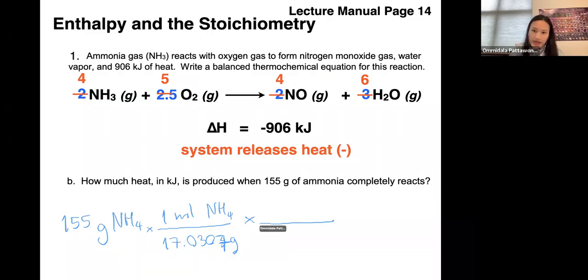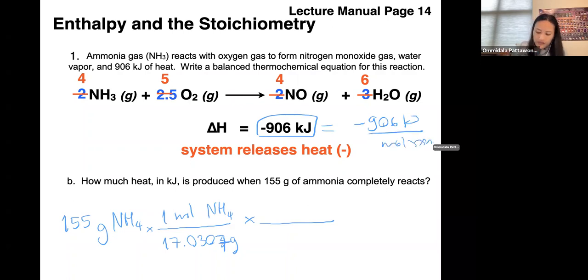What I'm going to do is consider a mole of reaction instead. Know that this is also equal to negative 906 kilojoule per mole of reaction. Sometimes you will see this unit written as kilojoule per mole, and that comes from kilojoule per mole of reaction.